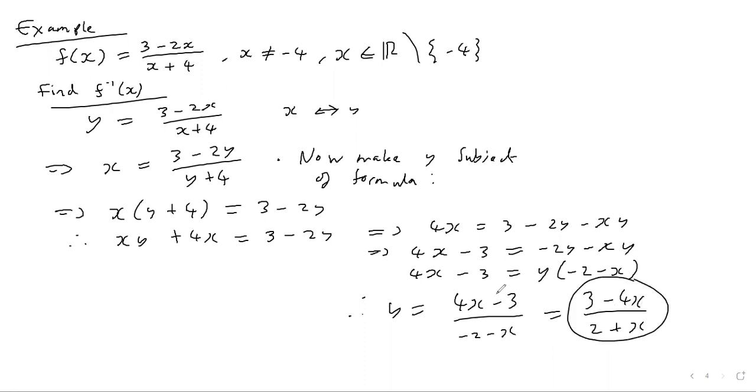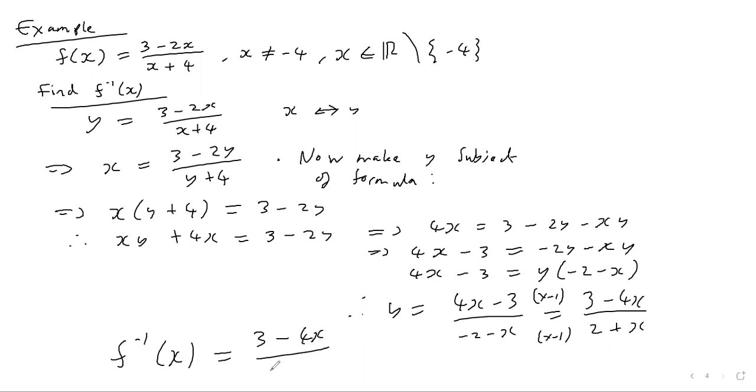I've just multiplied the top and bottom by -1, negating all the terms. So our inverse function, f inverse, is going to be 3 minus 4x over 2 plus x.